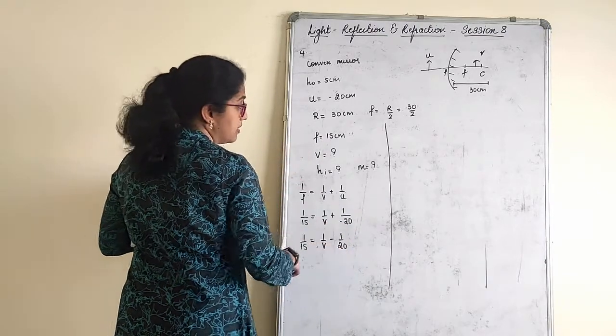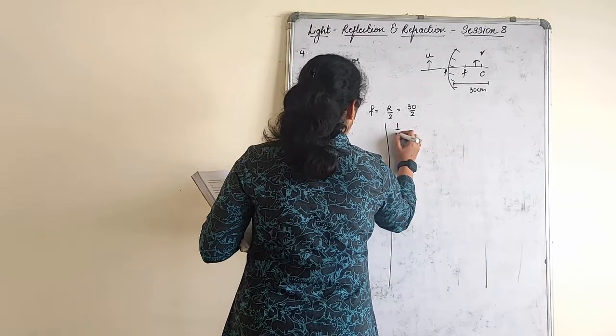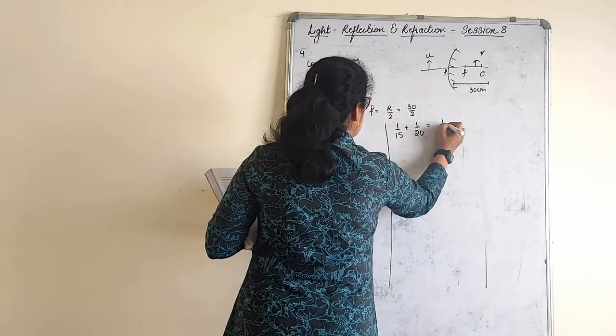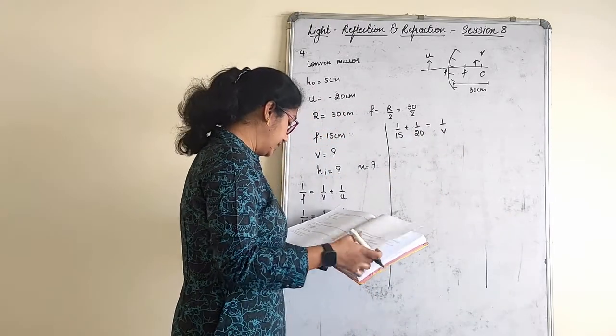Since this is minus, transpose it. 1 by 15 plus 1 by 20 is equal to 1 by V.